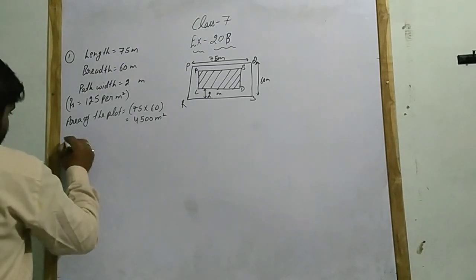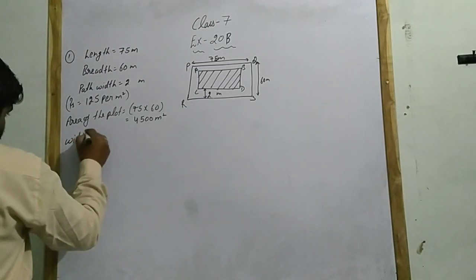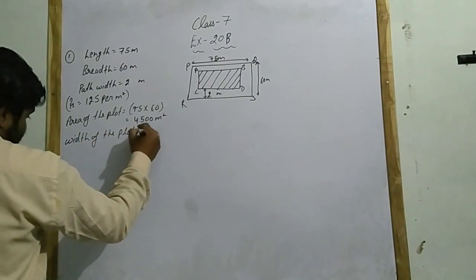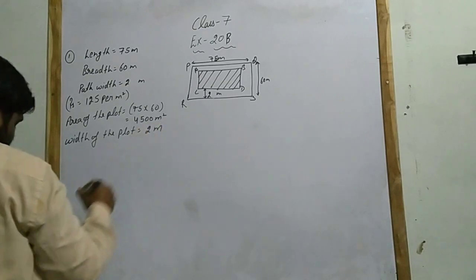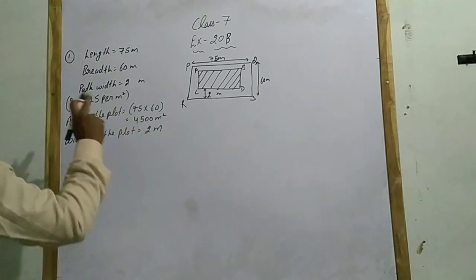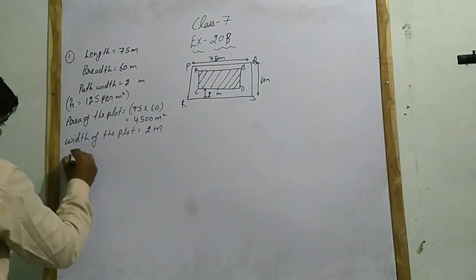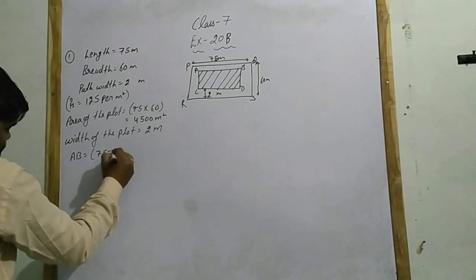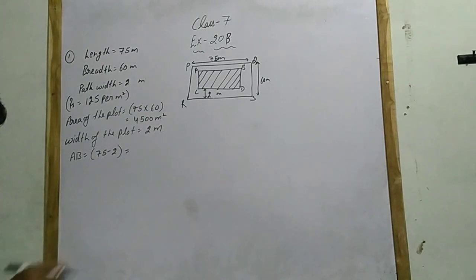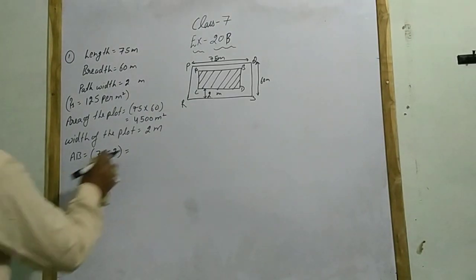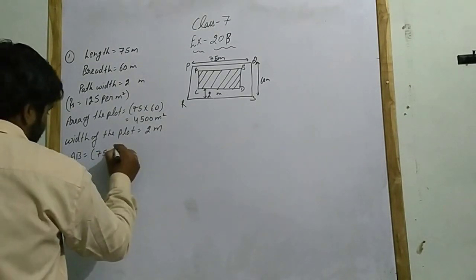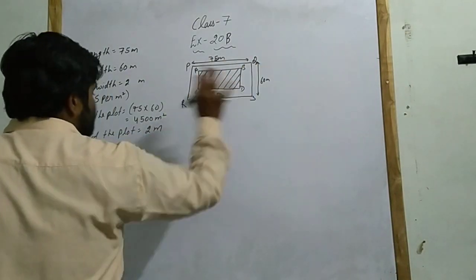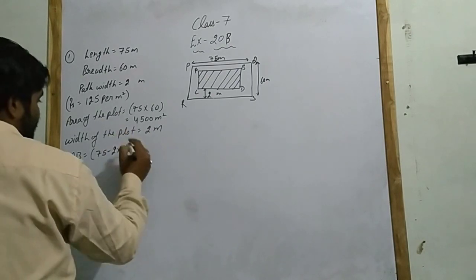Now the width of the path is given to you, 2 meter. First we will take AB. AB equals 75 minus 2 into 2, because this one is also 75, this one is also 75, so we have taken 2 multiplied by 2.